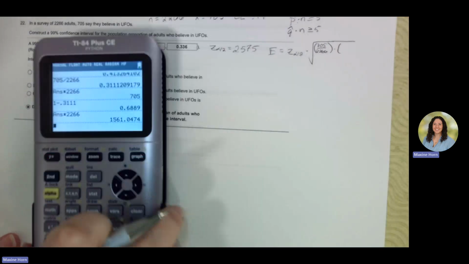Okay, so now we're going to plug all of the information into our error formula, which is Z alpha halves times the square root of P hat times Q hat over N. I'm going to go ahead and use the fractions here, just so that I'm not rounding as I go through and do this.